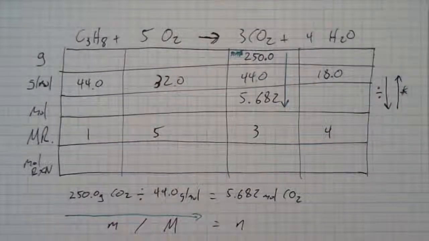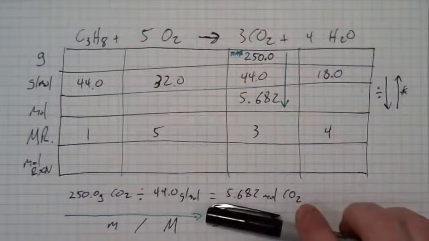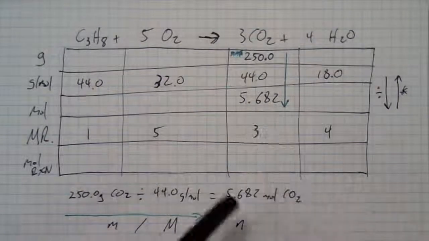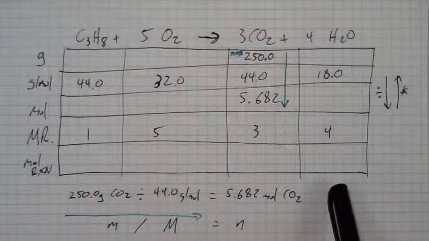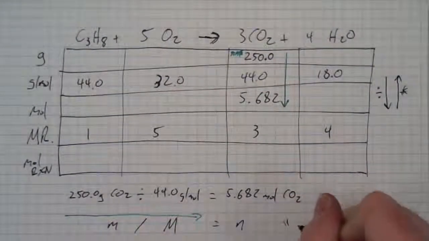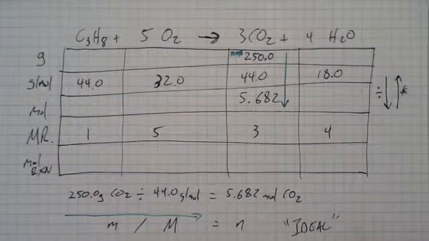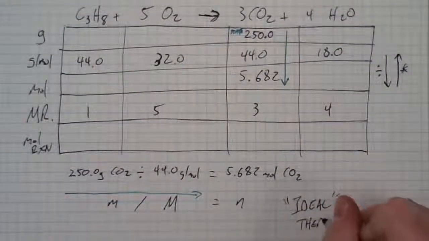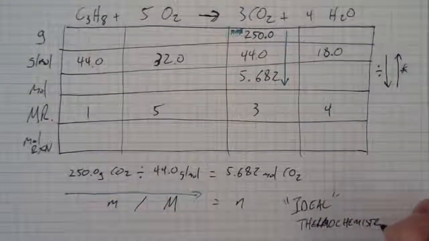So why do I like the chart more than doing it out this way? Well, they're both perfectly fine, and if you like doing it out this way, go ahead. But the thing that I think makes the chart a lot better is this moles of reaction row. Now we're just doing real simple, ideal stoichiometry. You're likely going to get into problems that are non-ideal, or problems later on with thermodynamics or thermochemistry.